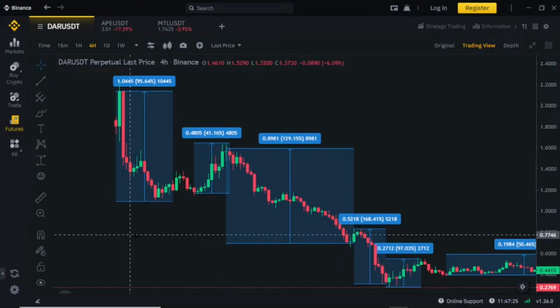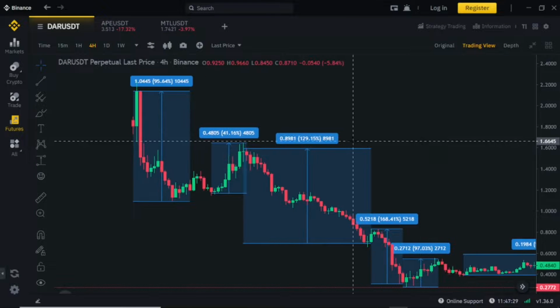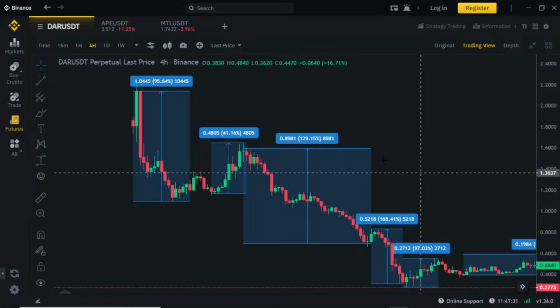Look, traders, there is so much opportunity to make more money in the cryptocurrency markets, even when the price of Bitcoin is crashing like crazy.